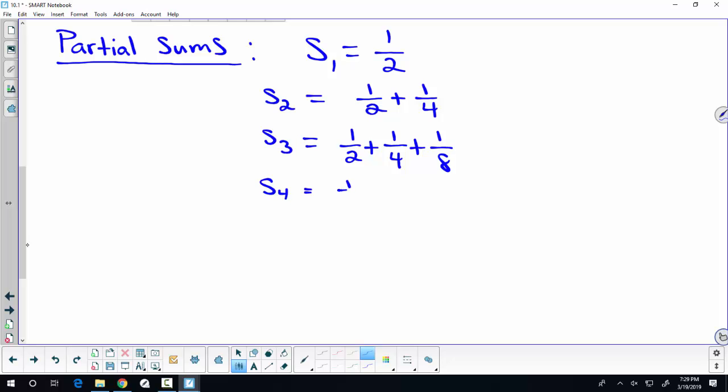The fourth, 1/2 plus 1/4 plus 1/8 plus 1/16. And the fifth.